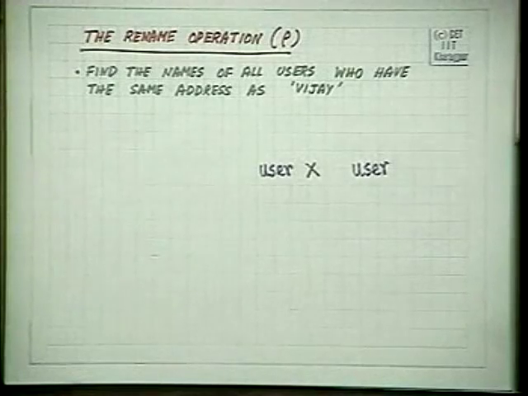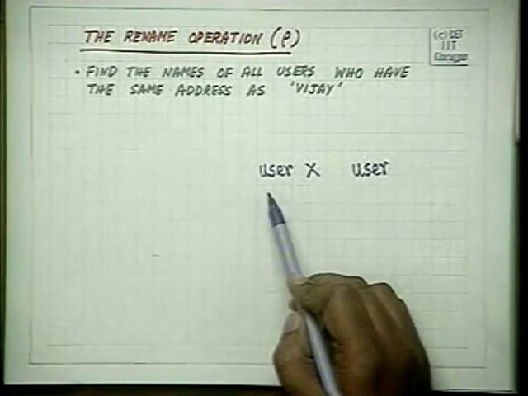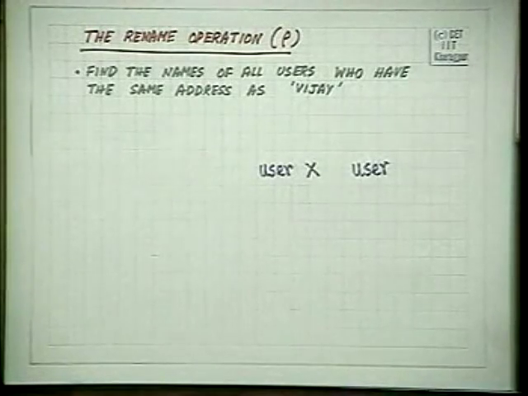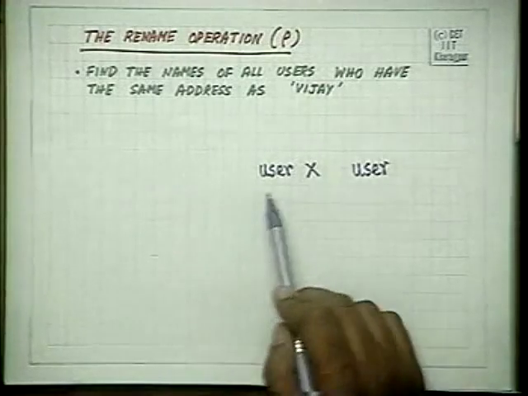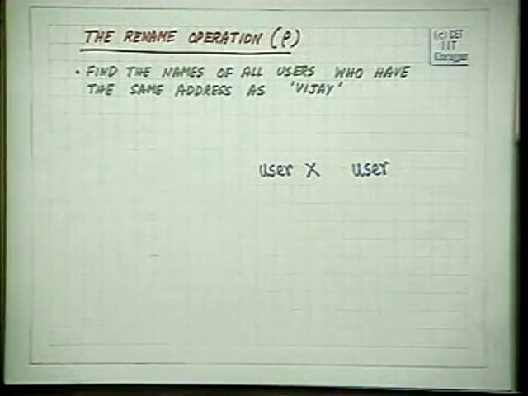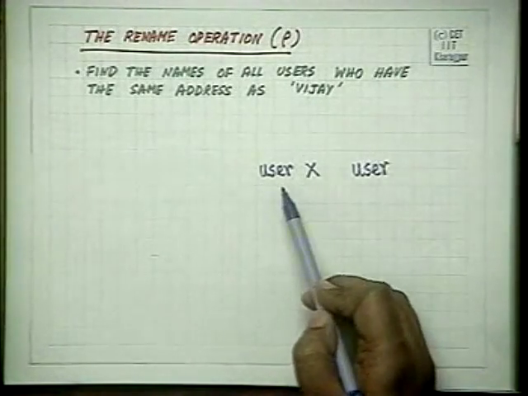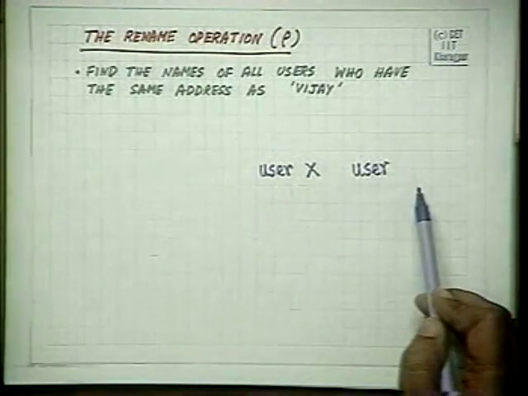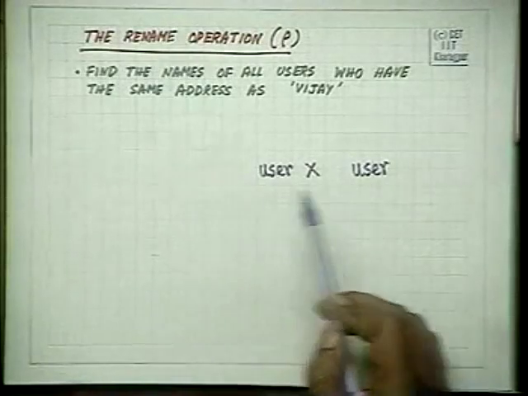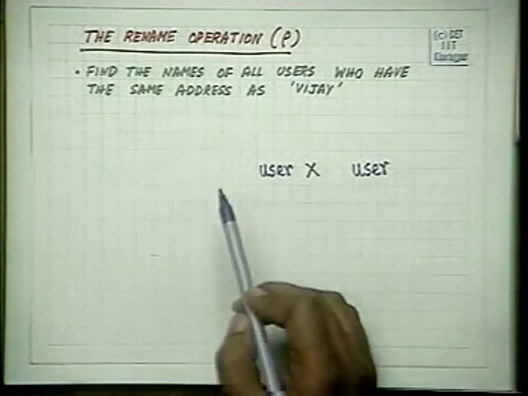Now, Cartesian product of user and user, if user has got 3 attributes, then a Cartesian product will contain 6 attributes. But we will not be able to uniquely differentiate between these 6 attributes, because both will have user dot borrower's name, user dot borrower's name, user dot address, user dot address. What do we want to do?